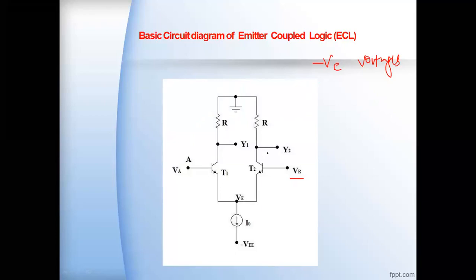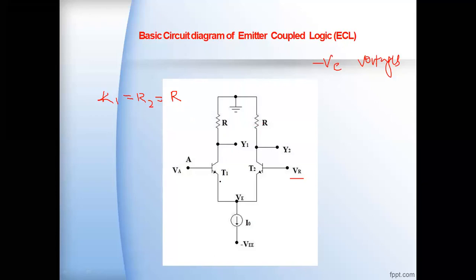For easy understanding, let the resistor corresponding to transistor T1 be R1, and the resistor corresponding to transistor T2 be R2. Let R1 equal R2 equal R, so the two resistors have identical values.